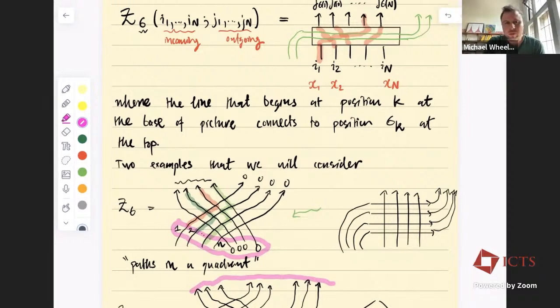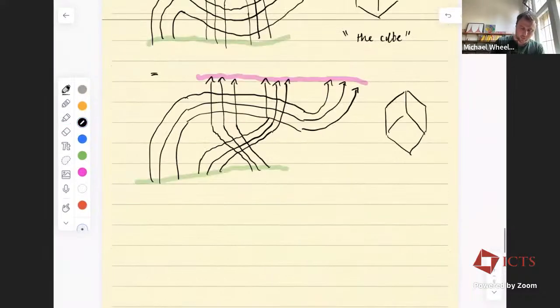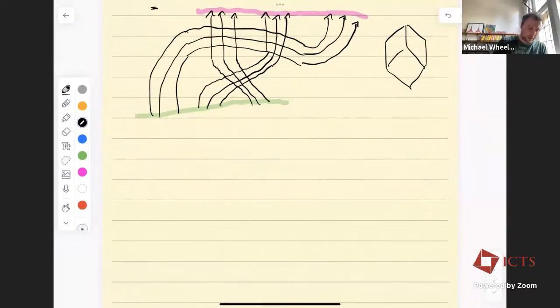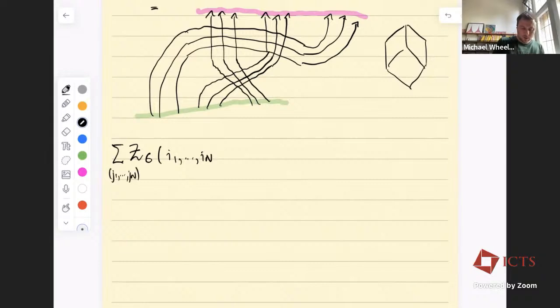So in particular, one thing that you can do, which is hopefully going to be clear: if I take Z sigma for any permutation with some fixed incoming states, I1 up to In, and I perform a sum over the outgoing edges, J1 up to Jn, so just a free sum, now this is equal to 1 for all I1 up to In.